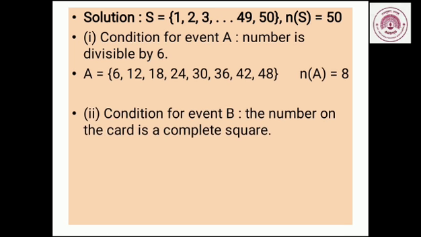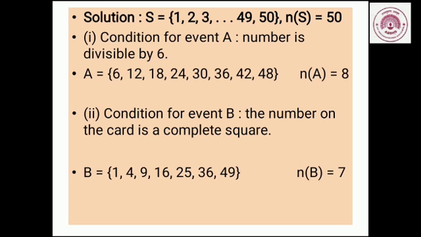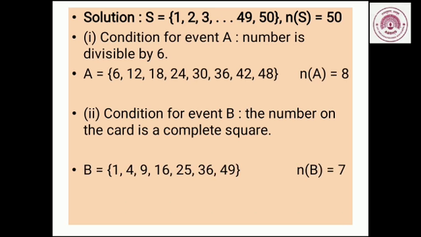Now the condition for event B: the number on the card is a complete square. How many numbers from 1 to 50 are complete squares? The numbers are 1, 4, 9, 16, 25, 36 and 49. Therefore B is equal to {1, 4, 9, 16, 25, 36, 49}, and n(B) is equal to 7.